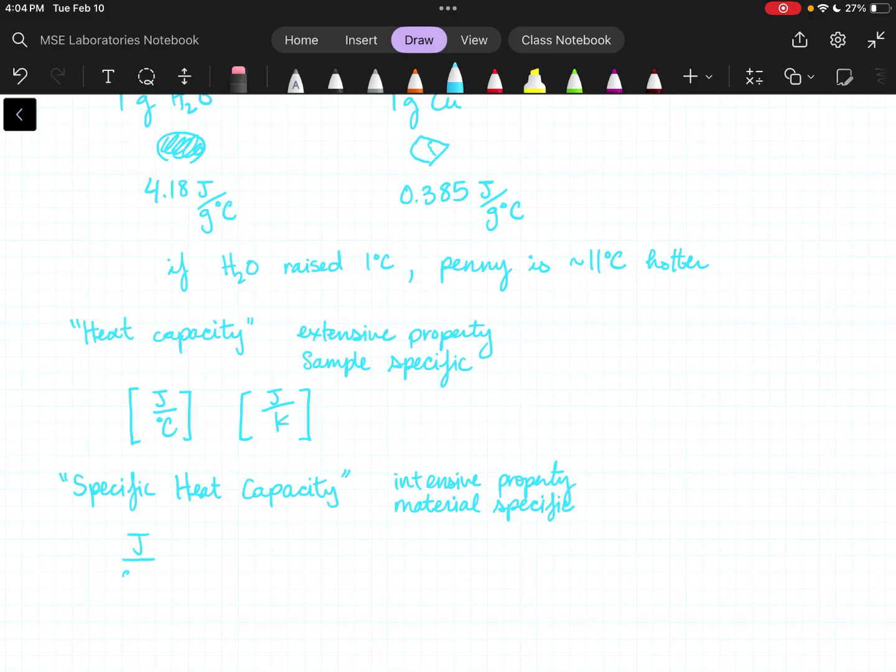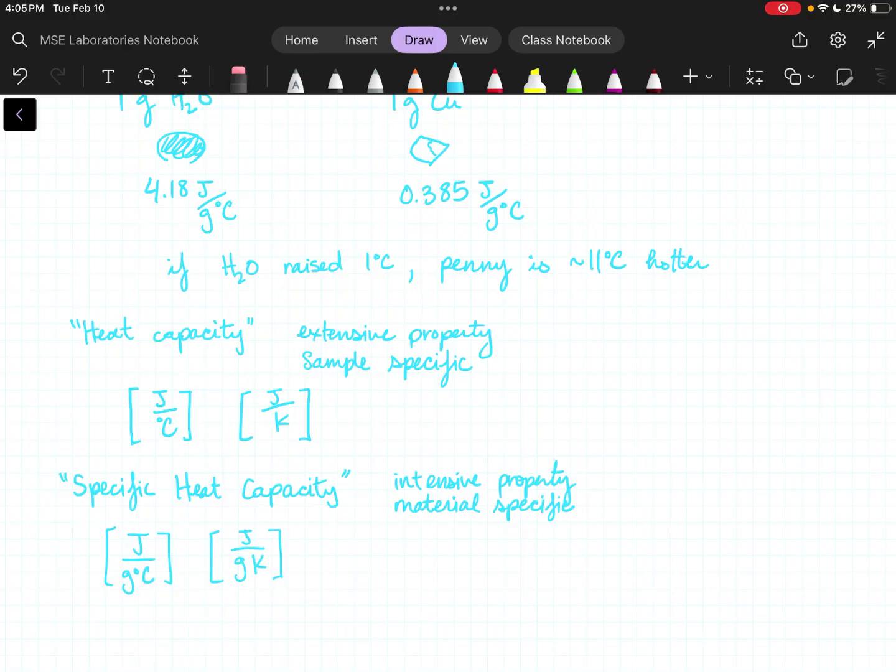This is the one that is joules per gram degree Celsius, or joules per gram Kelvin, or whatever else, per mole, per pound, per nanogram, whatever.